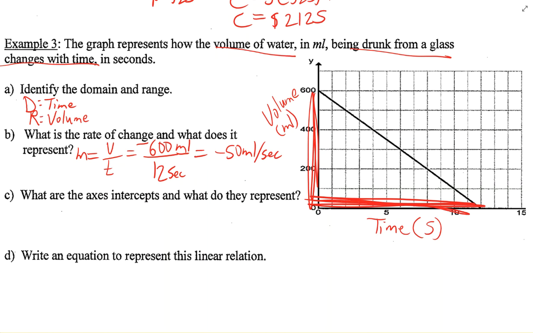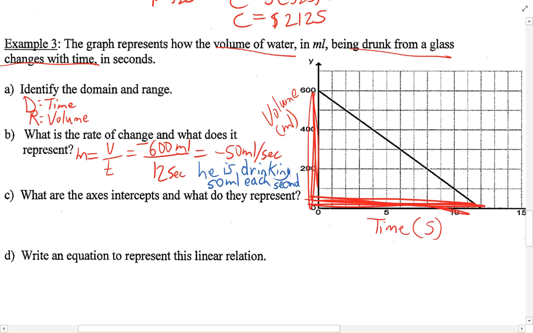So what it means is that he is drinking 50 milliliters each second, and the negative sign represents the drinking part, the part that's telling us the volume is leaving the glass.